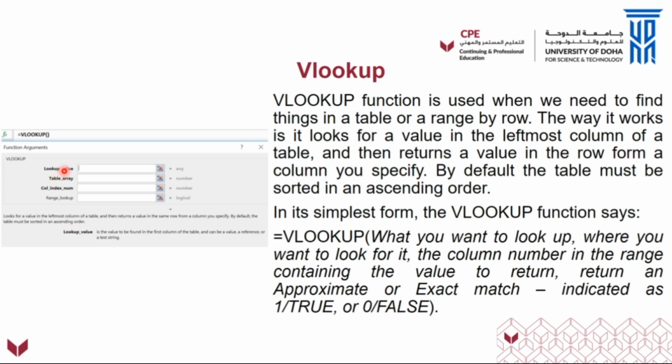It needs four variables: the lookup value, the table where you want to look for the value, the column number in that table that you want to bring back, and whether you want an exact or an approximate match.